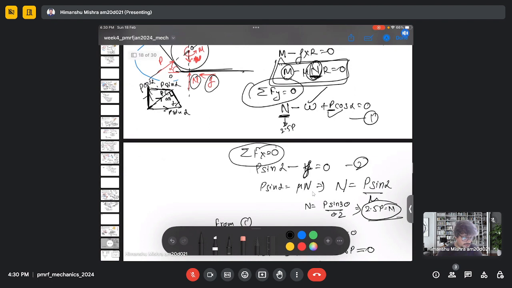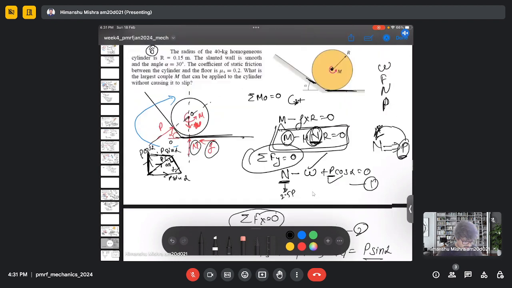So first we found N from P. So P is also an unknown normal reaction force. So first we found P, then we found N, and then we substitute the value of N to find the external moment value M.